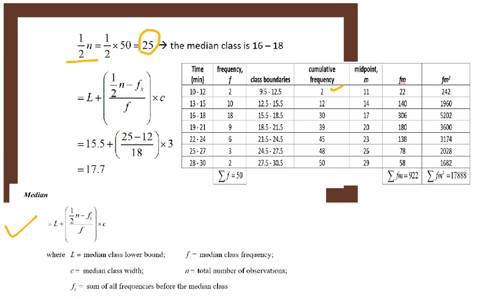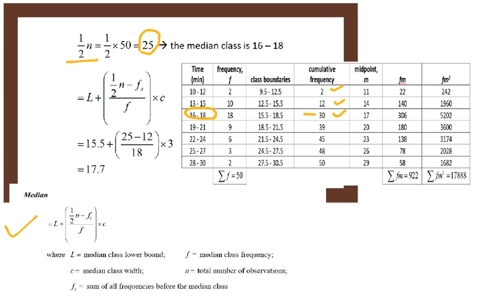Then you look at the second class, which is only up to 12, meaning the frequency goes up to only 12. But when you go to the third class, you can see you have up to the 30th frequency, meaning the 25th frequency lies in the third class. So 16 to 18 is your median class.